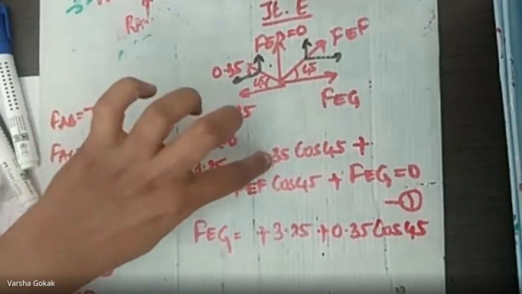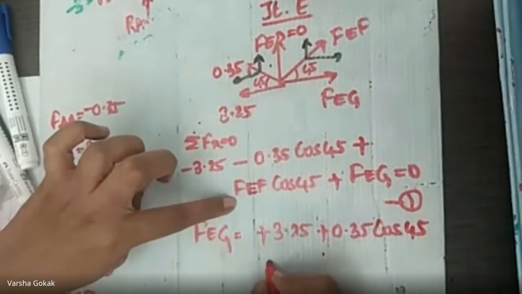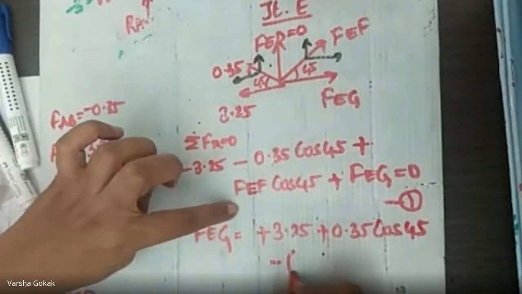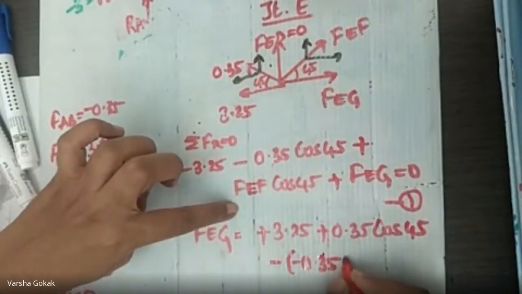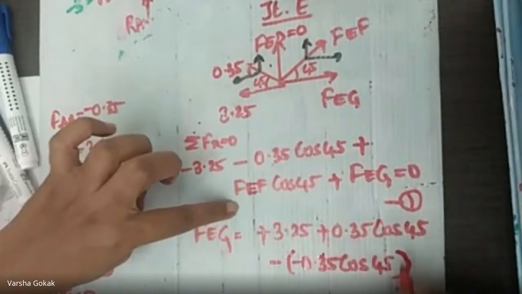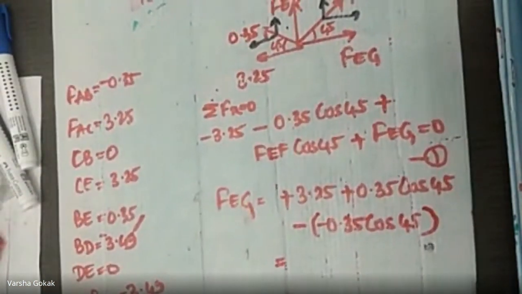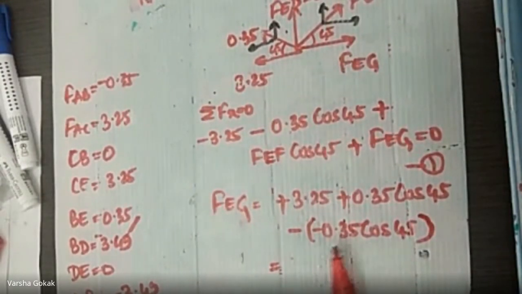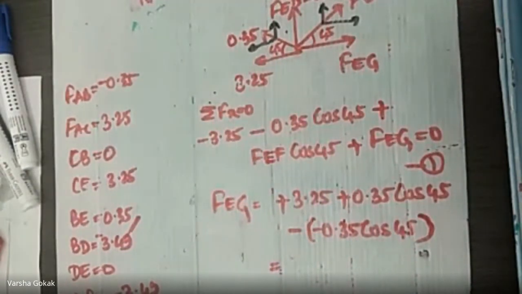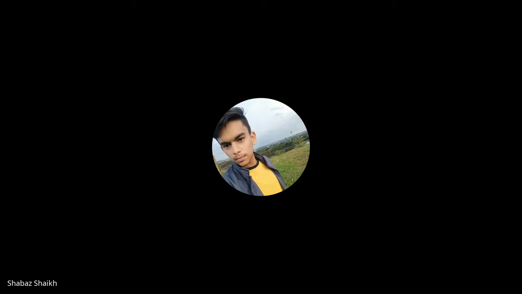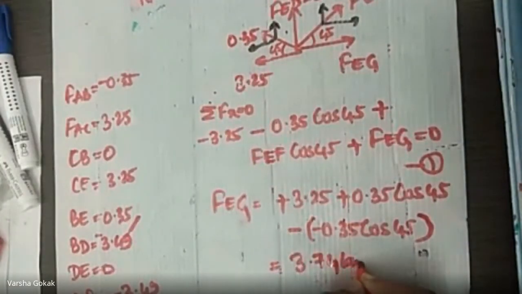This becomes plus, this becomes plus, this becomes minus. F_EF is minus 0.35 cos of 45. Minus of minus is again plus. Get me the value of F_EG, please. This also you will add only. Minus of minus becomes plus. Get me the value of F_EG. 3.74. 3.74 kilonewton. Positive, no?